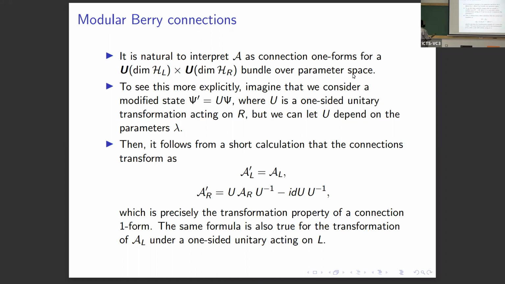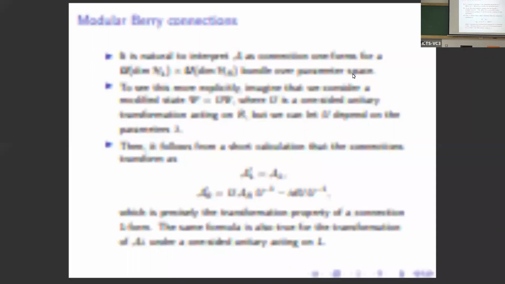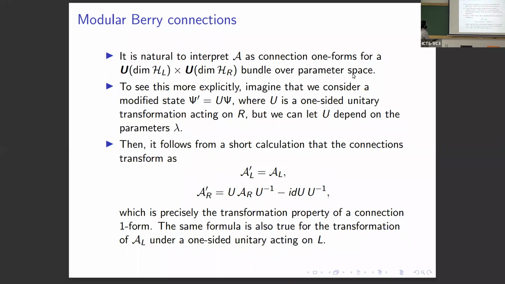The way to think about why they are connections is that instead of starting with the state psi, you had started off by considering some other state psi prime, which was some unitary U, let's say, acting on the right side on psi, but let's say that this U is a function of lambda in general. Then, by going back to these definitions and reworking them, you'd learn that the way these curly A's transform is in this particular way.